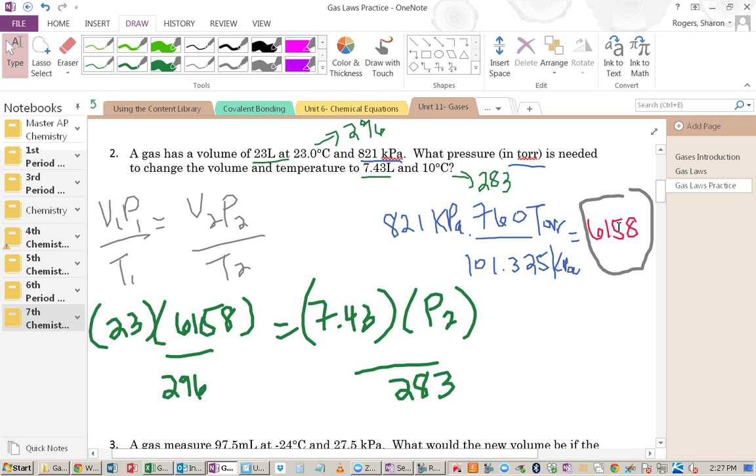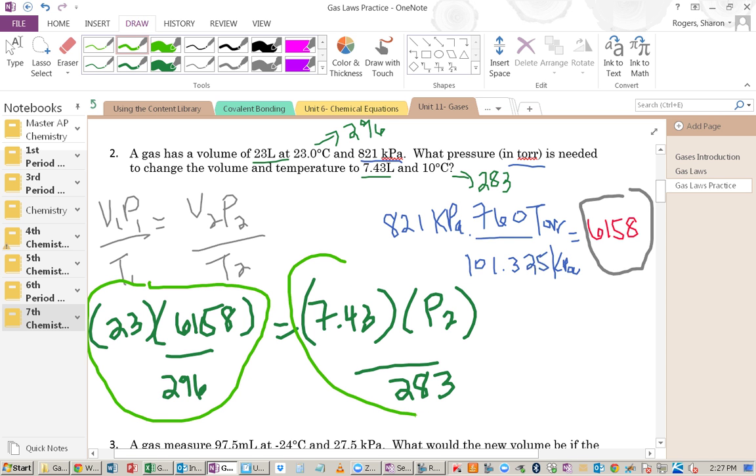That way you have this number, but there are also some decimals that come after that, so we're going to include that in our calculation down here. Then take that number in your calculator, multiply it by 23 equals, divided by 296 equals. At this point, we have simplified this whole part.